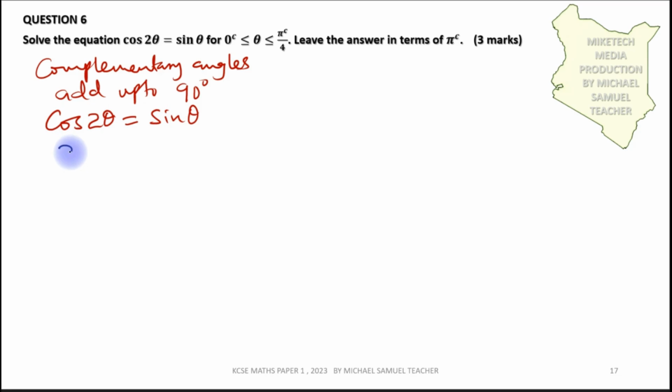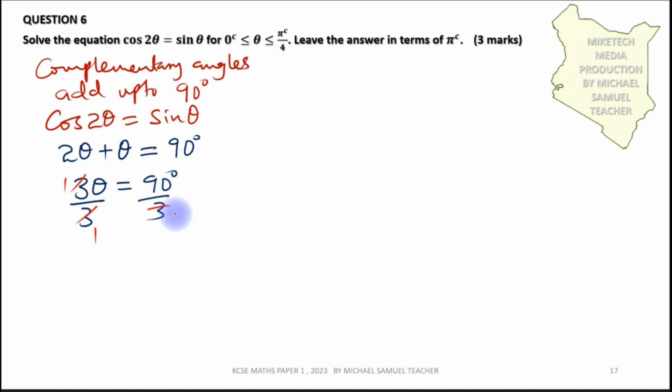In other words, 2 theta plus theta will add up to 90 degrees. So this is 3 theta will be equal to 90 degrees. Therefore, divide by 3, divide by 3. We get 30 degrees. Therefore, theta is equal to 30 degrees.